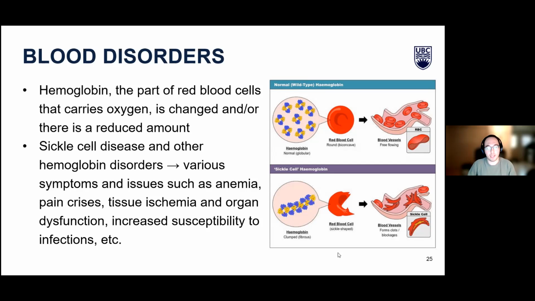And then this is why it can lead to organ damage in certain cases. And then the increased susceptibility to infections is also a problem, which of course in a newborn is additionally a problem because infections in a newborn can really delay their development and create a lot of issues for them.